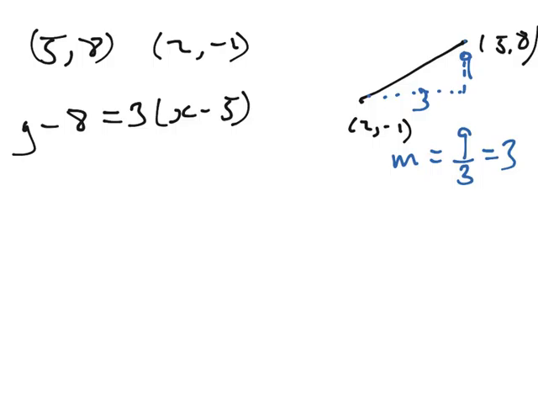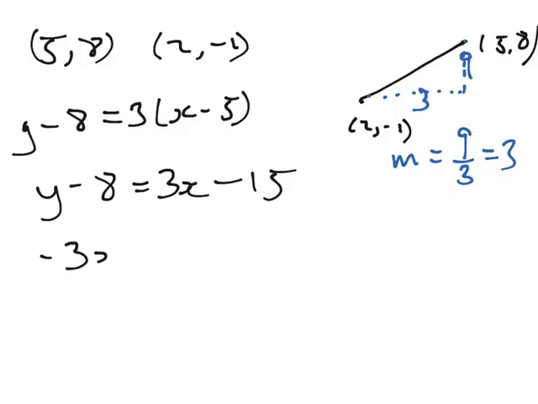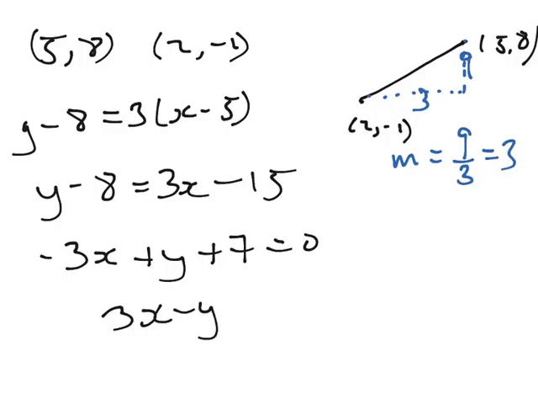Now I'm just into the algebra. y minus 8 equals 3x minus 15. Take it all the way to the left hand side, minus 3x plus y, minus 8 plus 15 is plus 7, equals 0. And once again, I'll get rid of that negative at the front, so I get 3x minus y minus 7 equals 0.